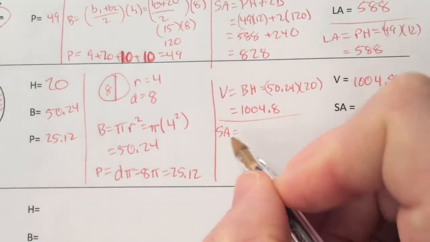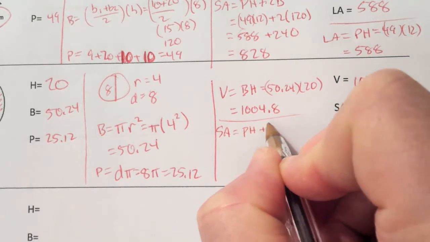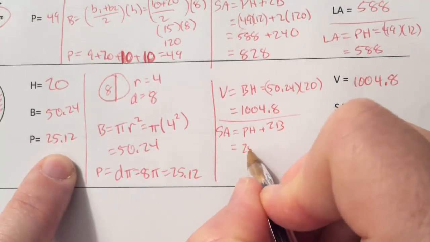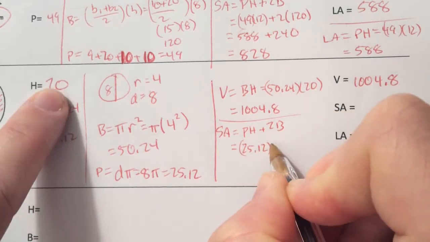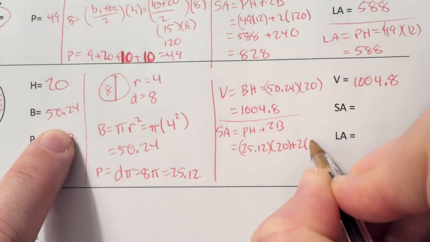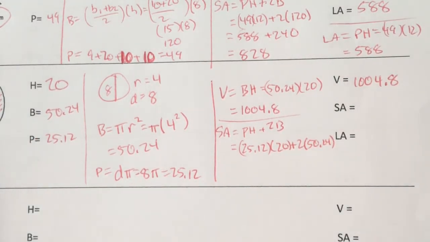Okay, surface area is pH plus 2B. So P, your perimeter, 25.12, your height was 20, plus 2B, 2 times 50.24. All right, so we put this in our calculator, 25.12 times 20.